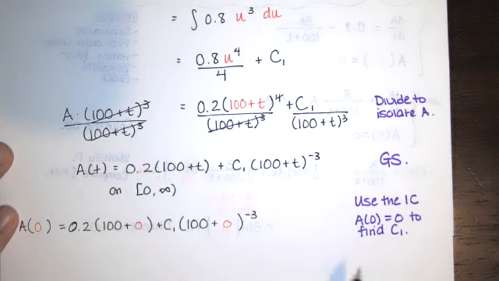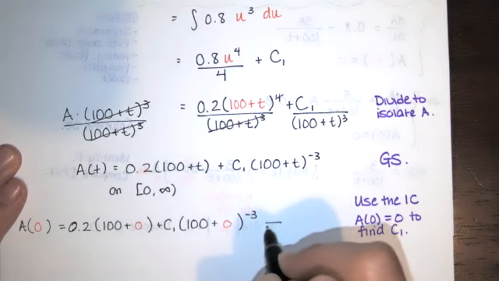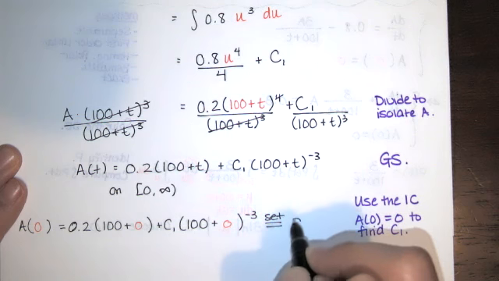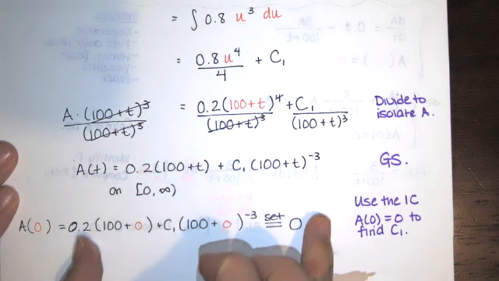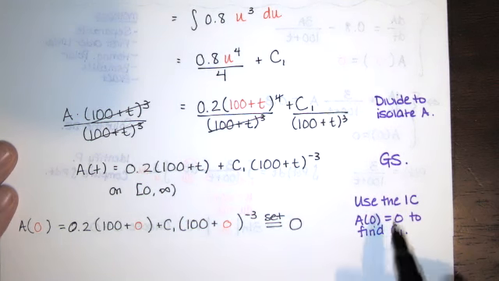Because a of 0 equals 0 means that when t equals 0, this whole quantity must be 0. So we evaluate that there and we set this equal to 0. That's the a value. Because a of 0 equals 0 means when t equals 0, a equals 0. So now you've got this equation that you can solve for c.